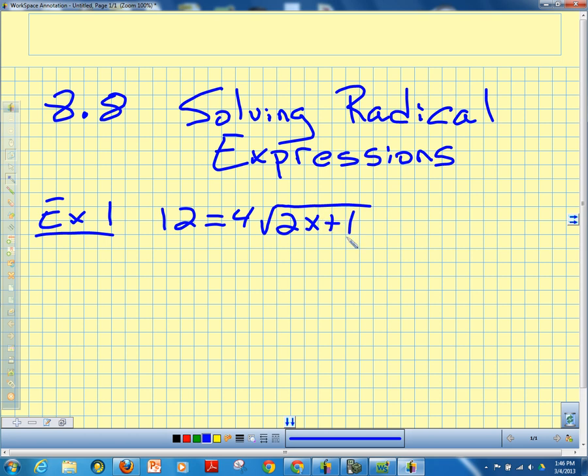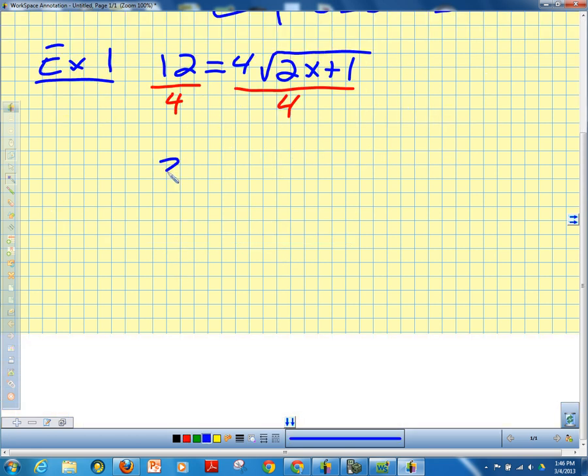When you do these kinds of problems, you almost always want to get the square root by itself. So in this case, yes, you want to get the square root by itself. How can we do that? Divide by 4. We get 3 equals square root of 2x plus 1.